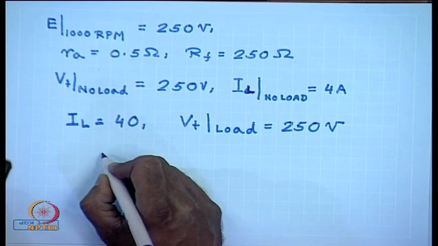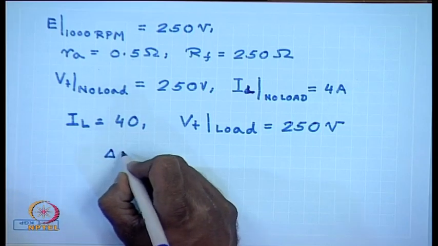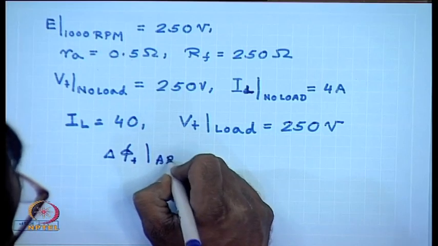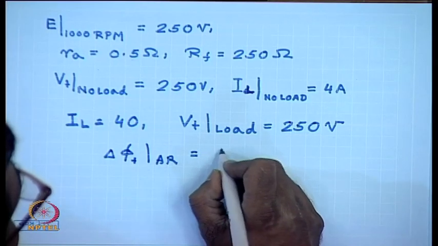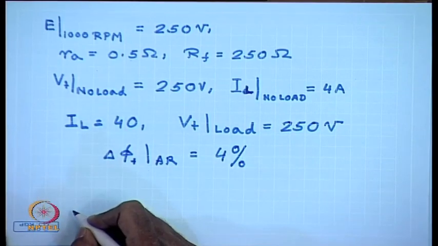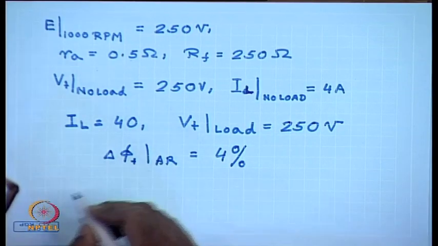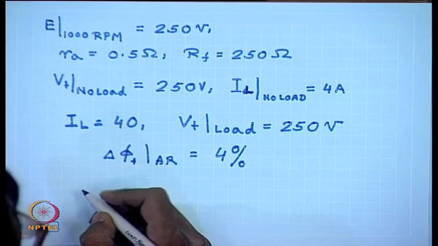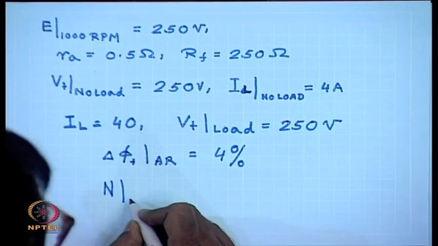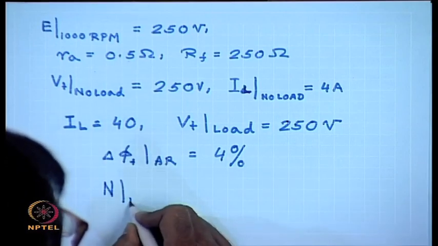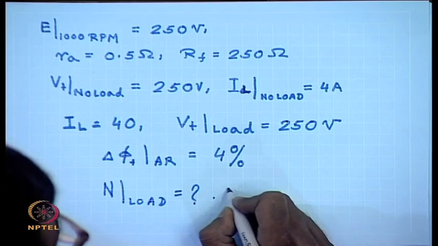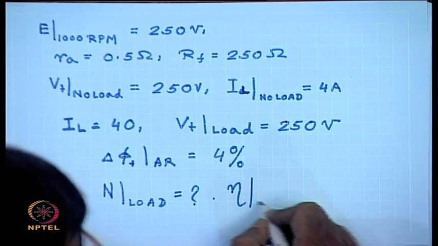Suppose it has been found that delta phi F due to armature reaction equal to 4%, just as we found out in the previous problem. Now, we are expected to find out the speed at the above load and the efficiency of the generator at load.